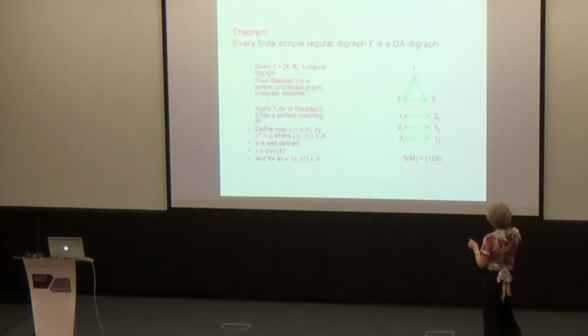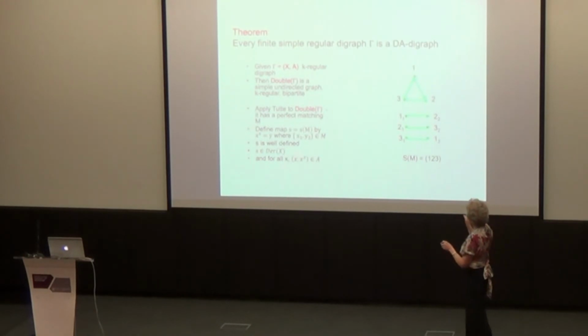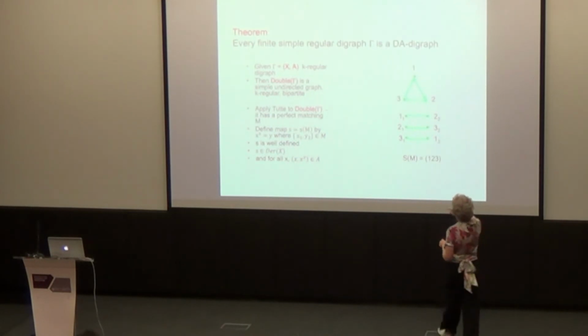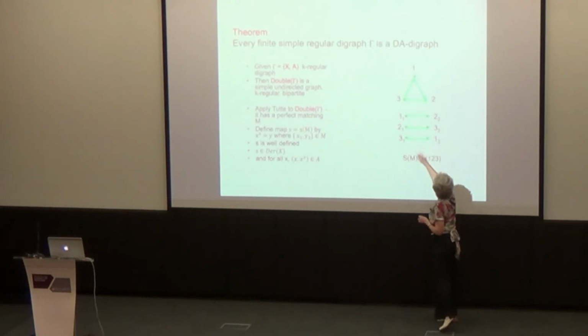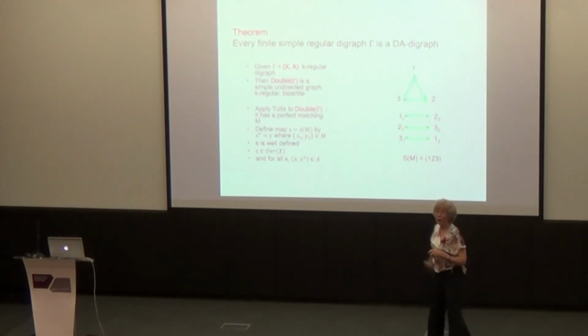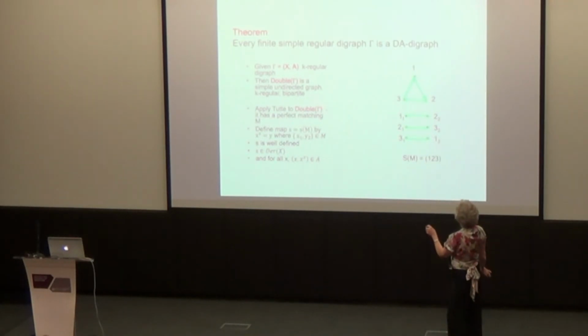And also, if I run through the vertices x and I look at x and the image of x under S, the way I define S is that that's an arc of my original graph gamma. So I apply Tutte, find the matching, define S, it's a derangement, and all of these pairs are arcs.